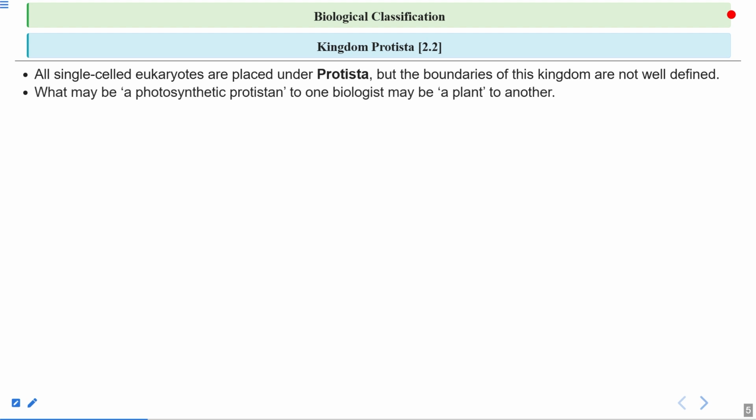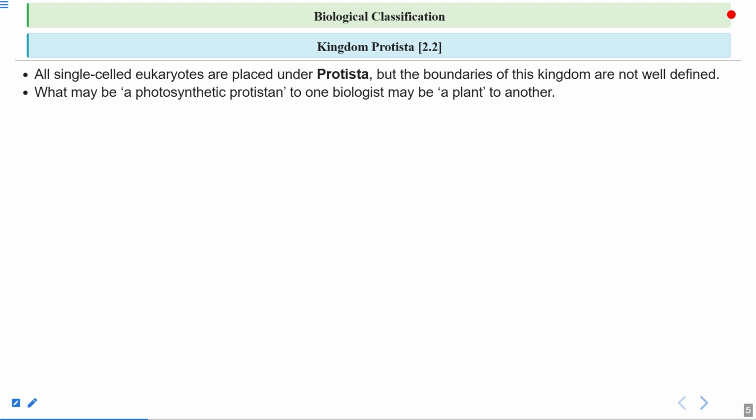Now, what may be a photosynthetic protistan to one biologist may be a plant to another. One biologist wants to keep a particular organism which is photosynthetic, meaning it can photosynthesize, it can produce its own food, it is autotrophic, in Protista, while another biologist wants to keep these photosynthetic protists in the plant category because plants can also photosynthesize.